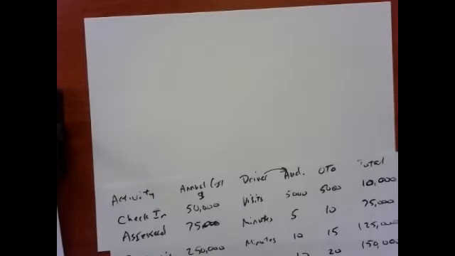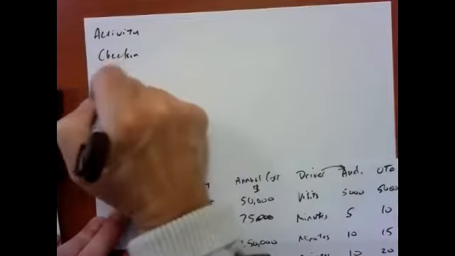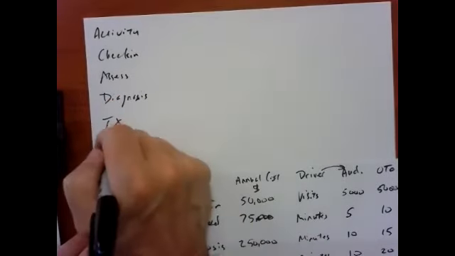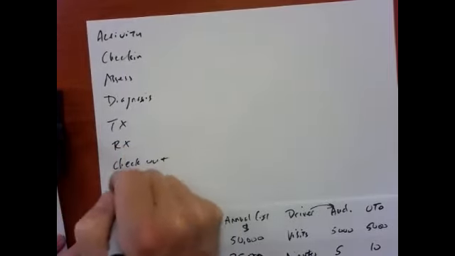So now we're going to make a new chart. I have check-in, assess, diagnosis, treatment, abbreviated TX for treatment, prescriptions, RX, checkout, bill.